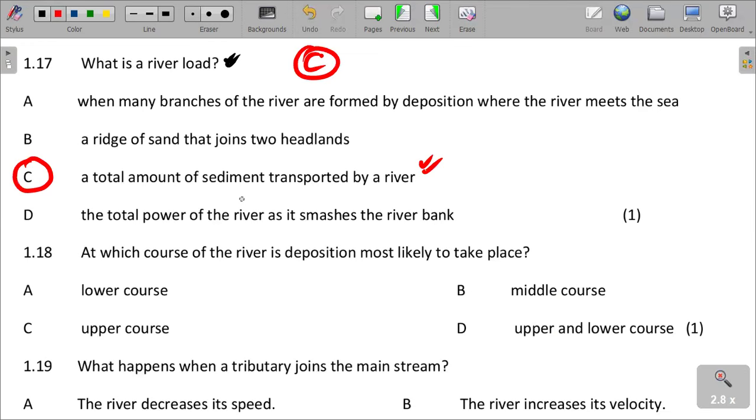And then when branches of the river are formed by deposition where the river meets the sea, this can be called a braided river channel.